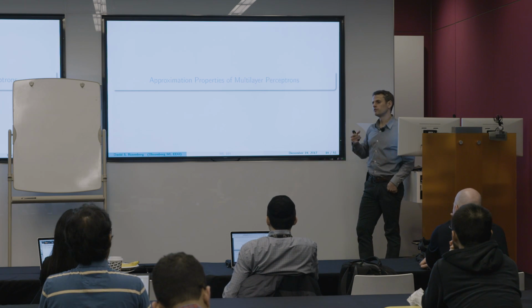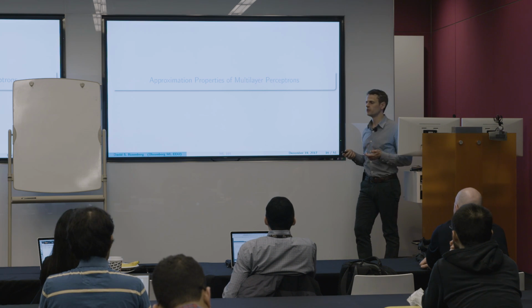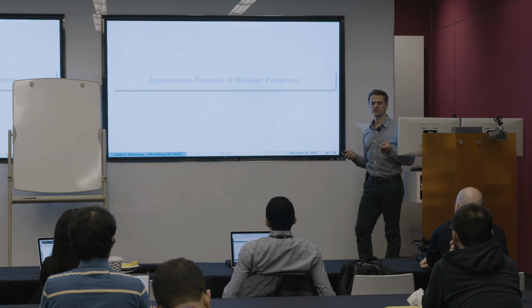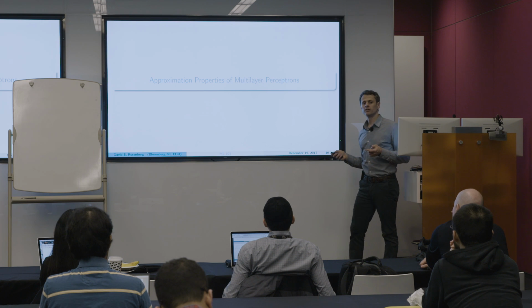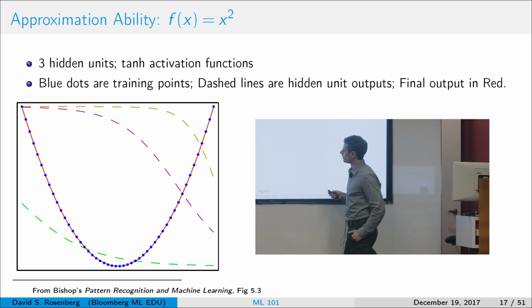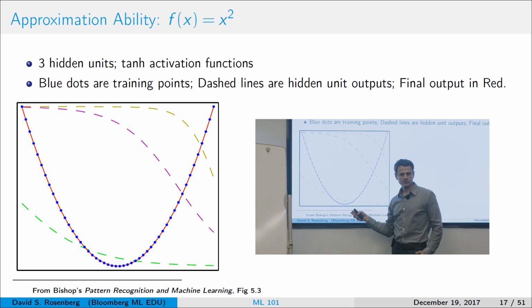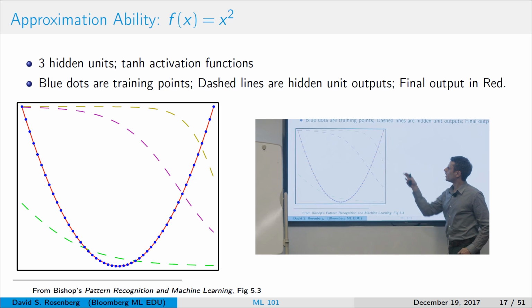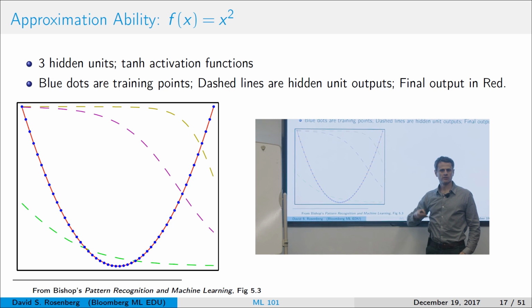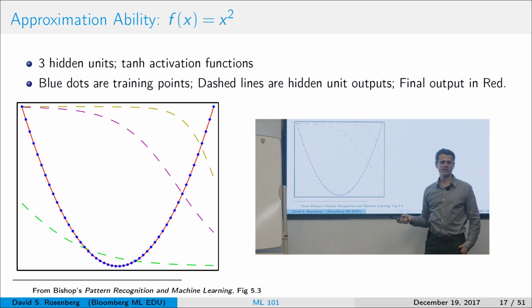So for the specific neural network we designed for our regression problem, the 3 hidden nodes with the hyperbolic tangent, let's look at how it does on some training data. So in this graph, the blue dots are training points, and the red line is the neural network fit, and you can see it pretty much nails it.